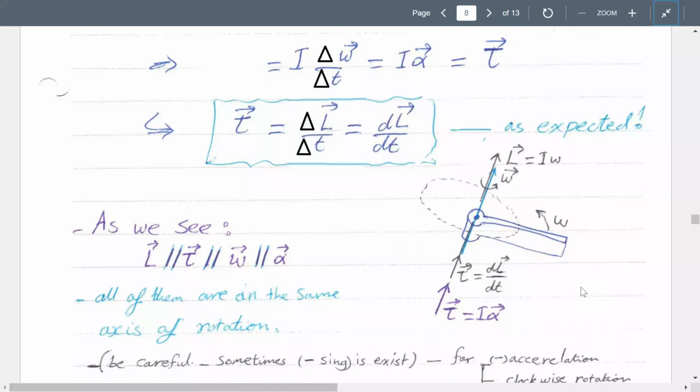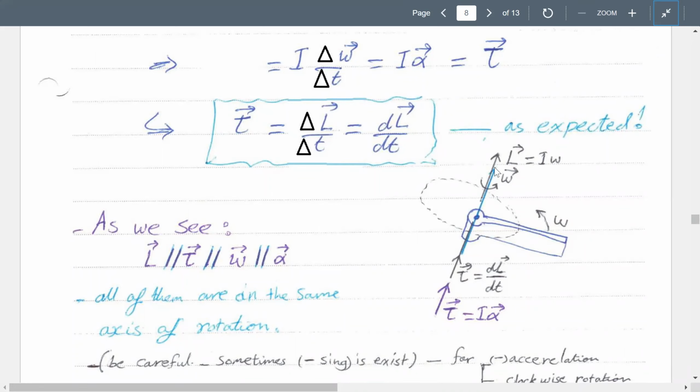Now, we are dealing with the vectors, okay? If we have an object rotating about this axis, we don't know what the direction of this axis is. Is it X, Y, Z? We don't care, but it is the axis of rotation. Starting with omega, it is the angular velocity about this axis. The direction of omega is the direction of that axis.